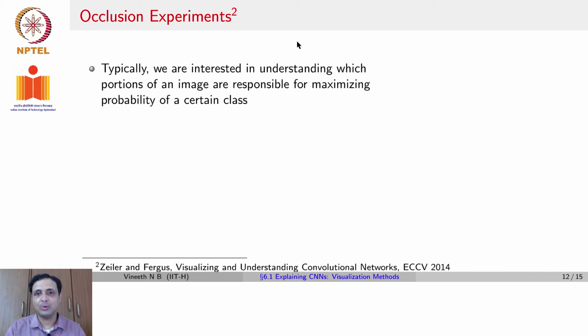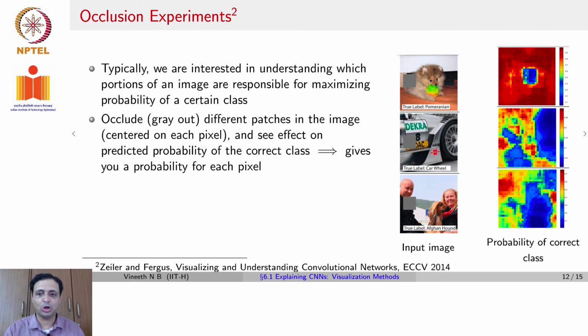Obviously, if you have a test set where a cat is found in a different background, the neural network may now not be able to predict that as a cat. So to be able to get that kind of trust in the model, that the model was indeed looking at the cat while calling it a cat, the occlusion experiments do this using a specific methodology.